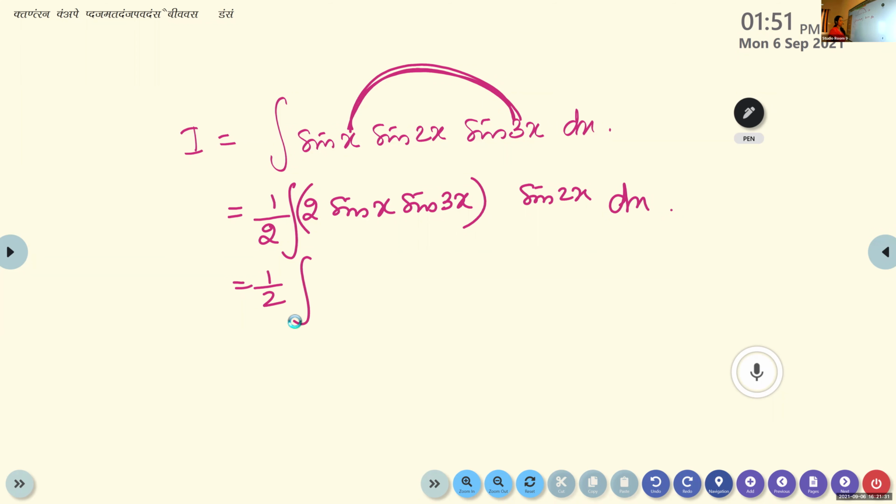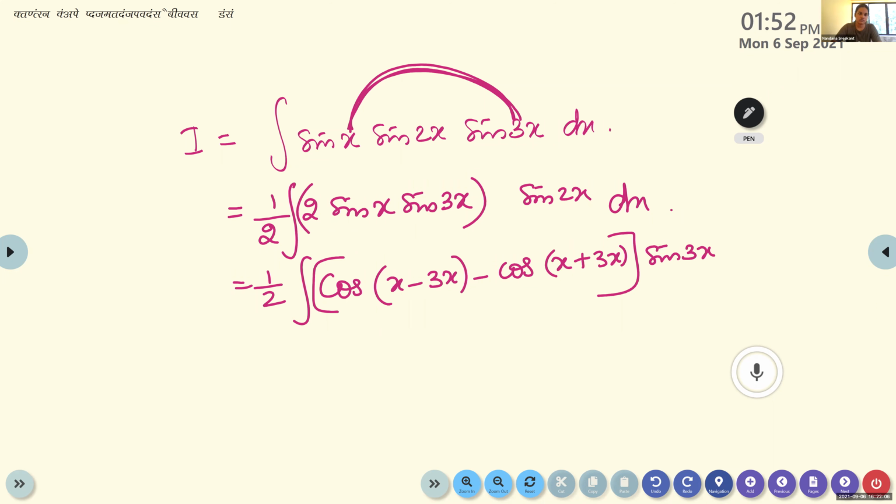Now check the formula. What is 2 sin A sin B? Atul, what is 2 sin A sin B? Cos A minus B minus cos A plus B. Is it correct, Nandana?